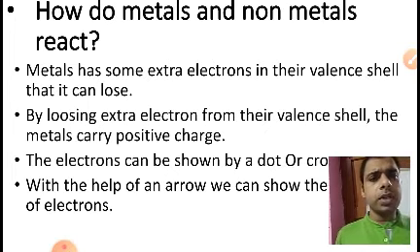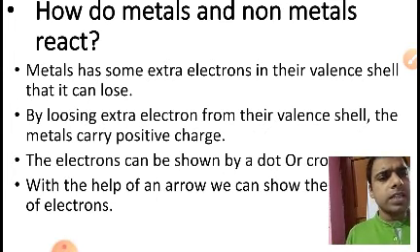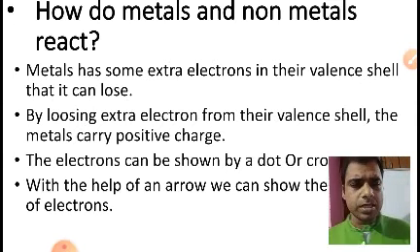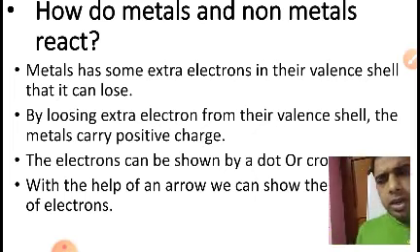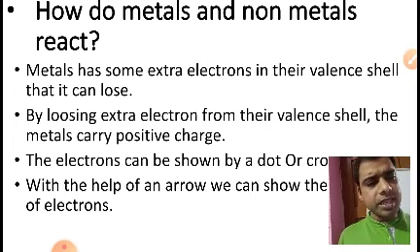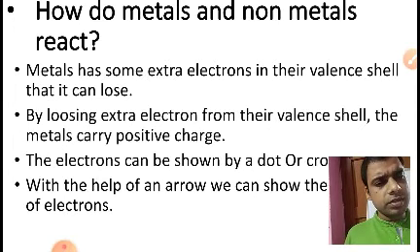for going deep in the topic, we look at the reaction between metals and non-metals on the basis of their electronic configuration. If someone has extra electrons, they can lose them. If someone has fewer electrons in their valence shell, they can gain them.